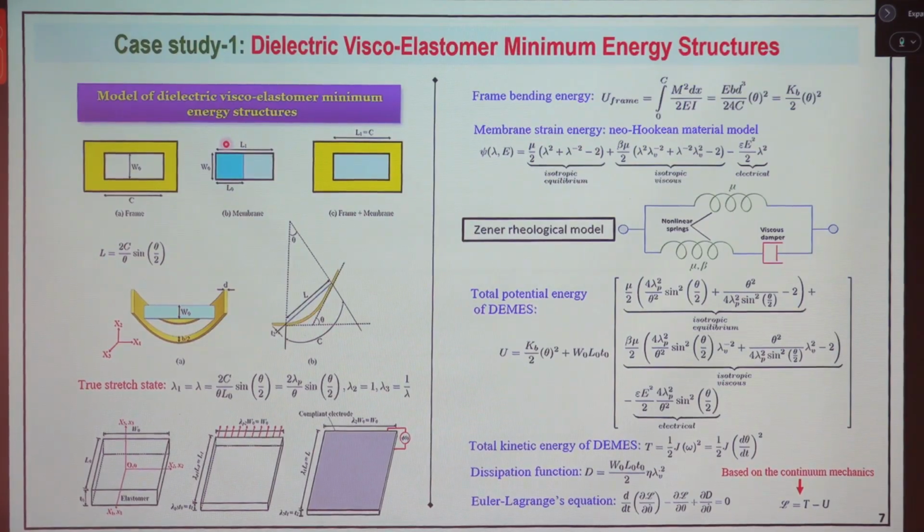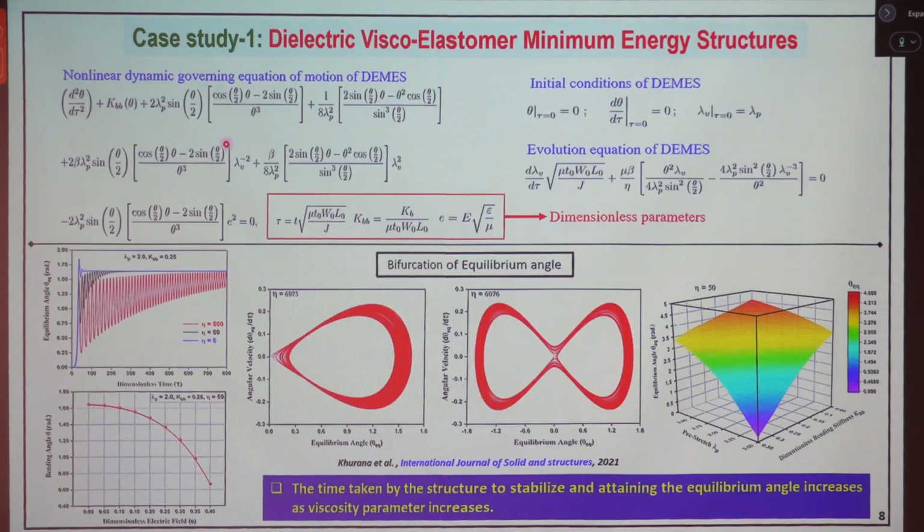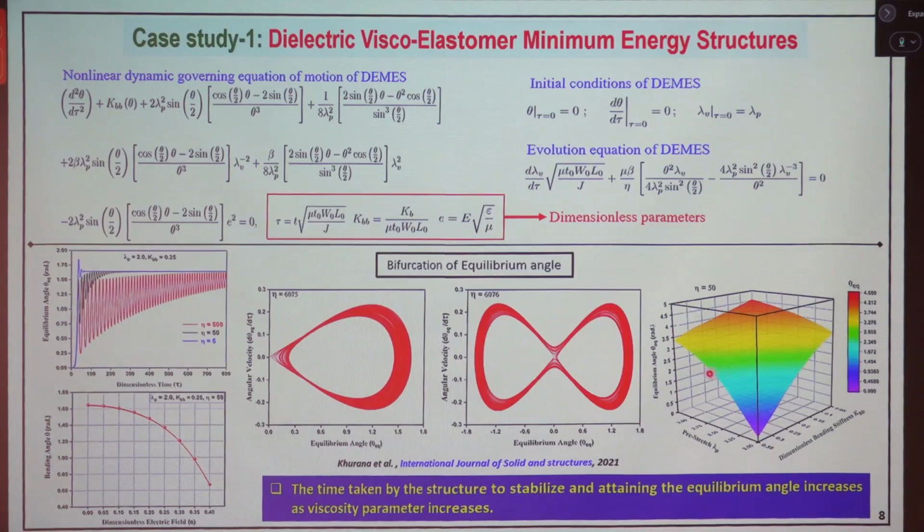If you pre-stretch the membrane more, with more elastic energy and more strain energy, it will try to bend the frame more. So your attained angle will increase. You can anticipate this thing. This is the pre-stretch of the membrane, as from here to here it is increasing, 2, 2.5 like this. So you see your attained equilibrium angle will keep on increasing.